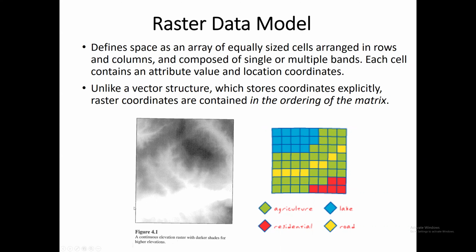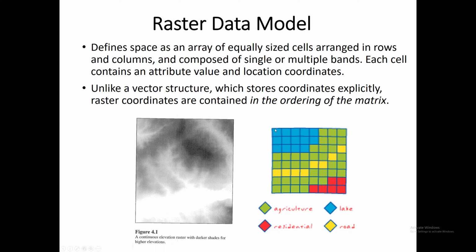So this bright area is probably some kind of a valley, and this darker area up here is likely a hilltop. The colors are telling you something about the properties of the data set. In this case, the colors represent elevation. In the example on the right, the colors represent land cover type.